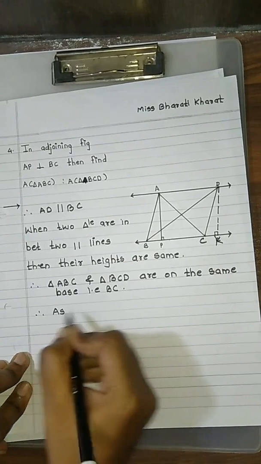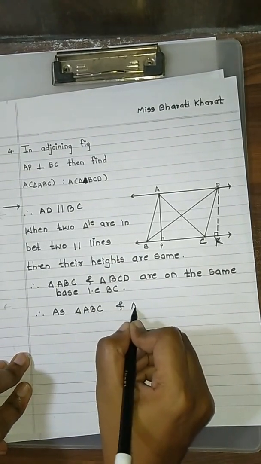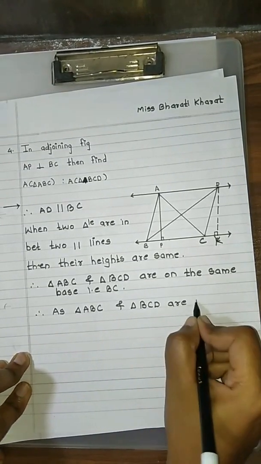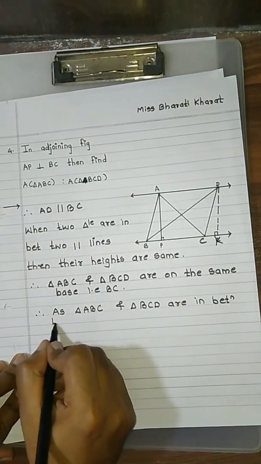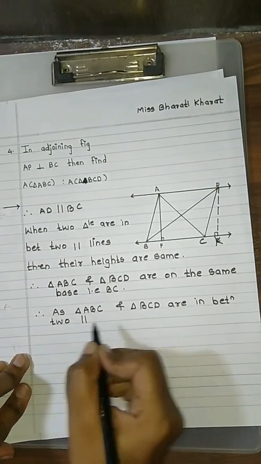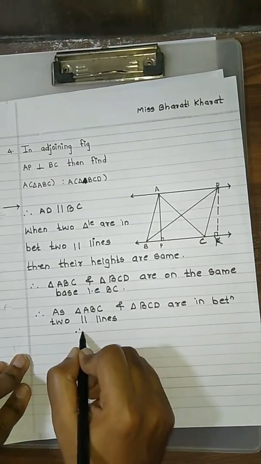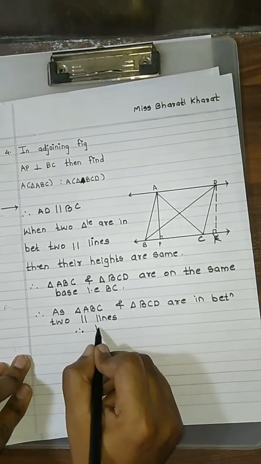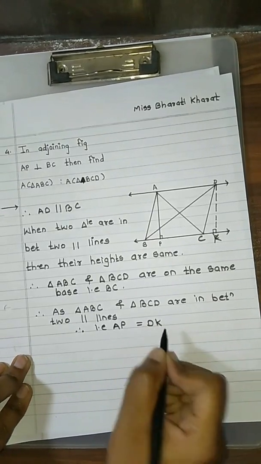As triangle ABC and triangle BCD are in between two parallel lines, therefore heights are same, that is AP is equal to DK.